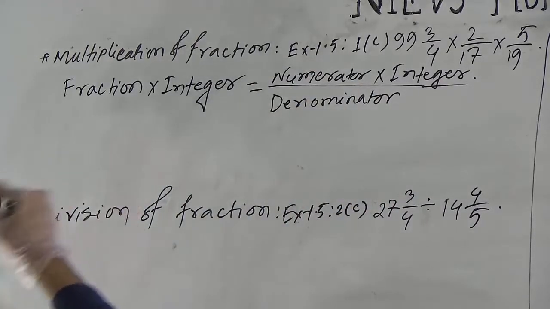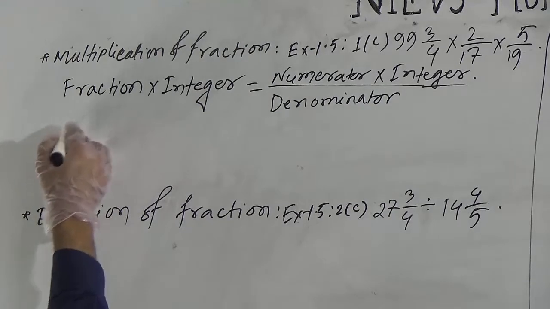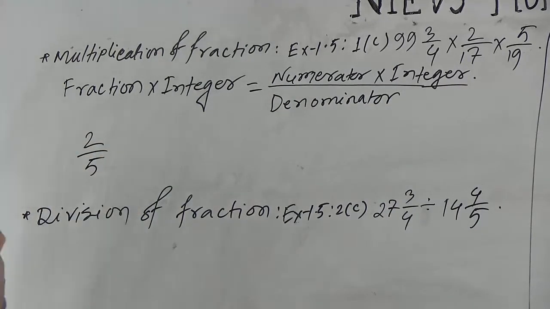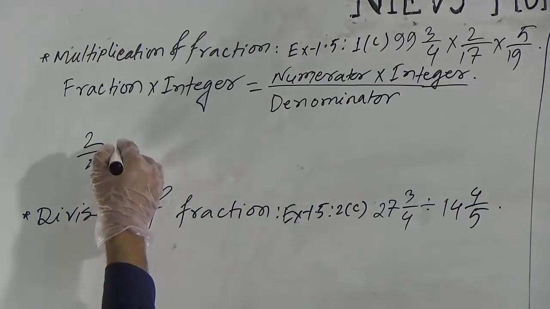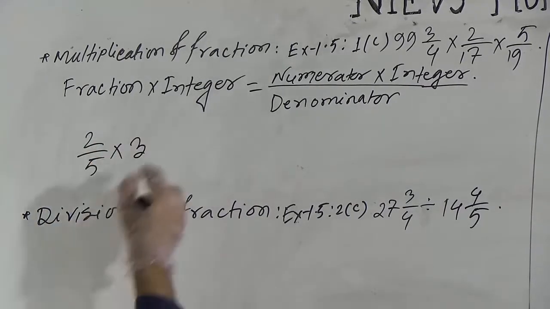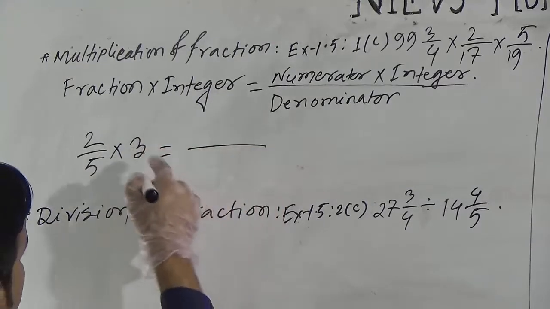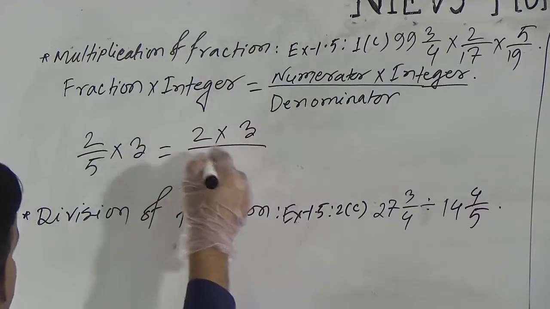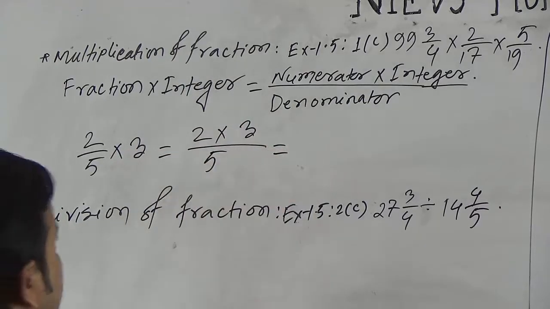Let us see an example. 2 by 5 is a fraction. If we multiply this by 3, according to the formula, numerator is 2, so the integer will go to the numerator and the denominator remains the same.